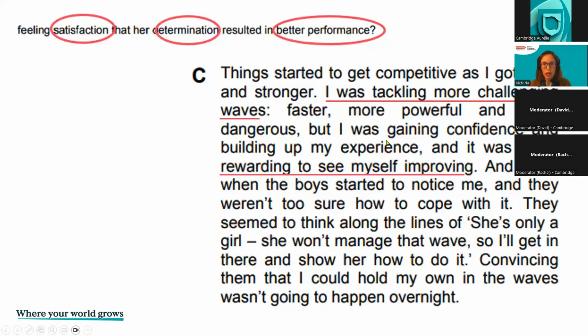Right, so we've got our paragraph and we've got satisfaction. It was really rewarding. Okay. Better performance, to see myself improving. Okay, determination. Okay, she was trying to gain confidence. She was building her experience by tackling more challenging waves. Okay, faster, more powerful, more dangerous.